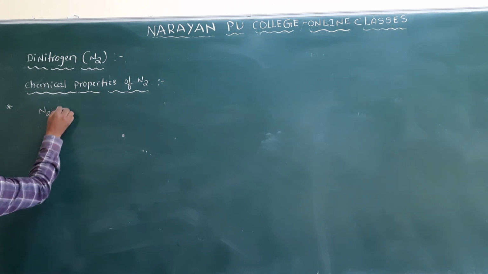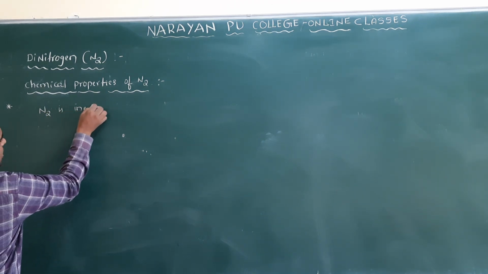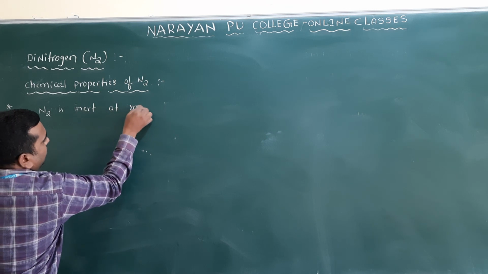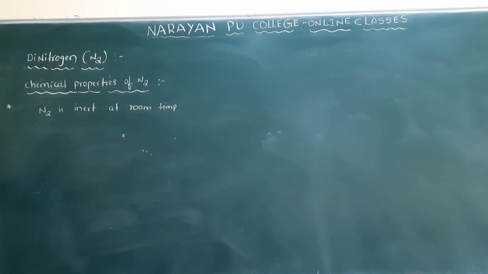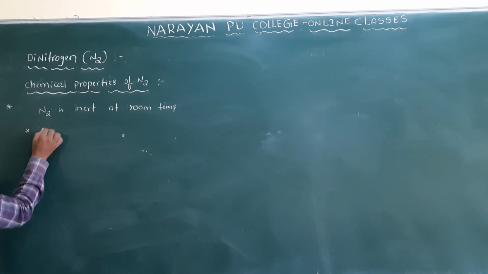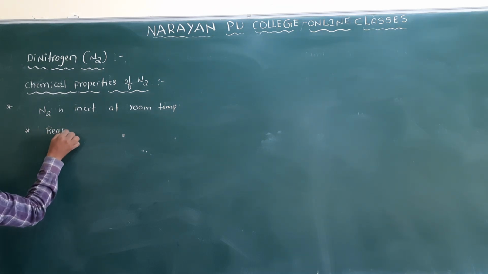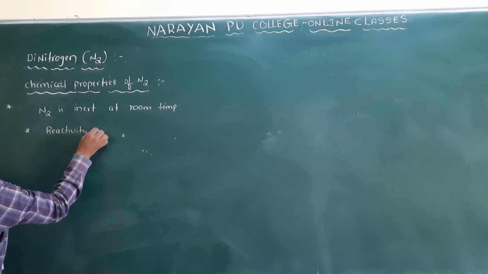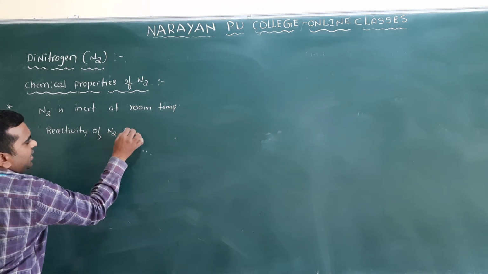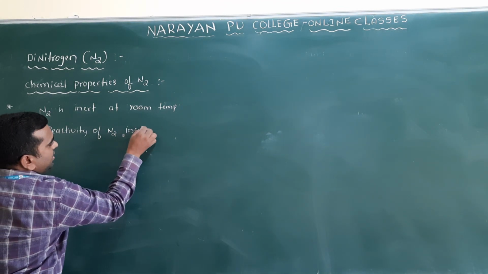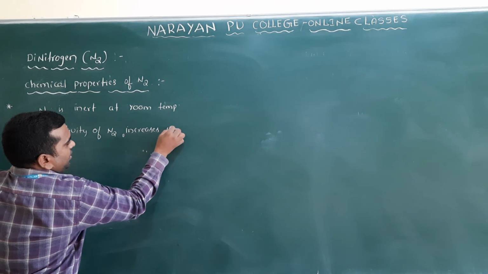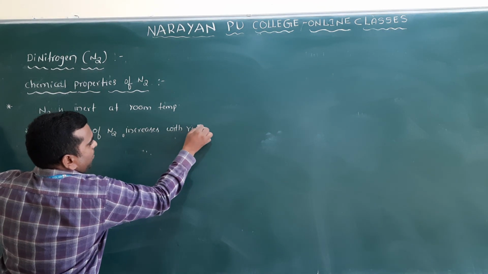Nitrogen is inert at room temperature. Clear? But reactivity increases with the increase in temperature. So the reactivity of nitrogen increases with rise in temperature.